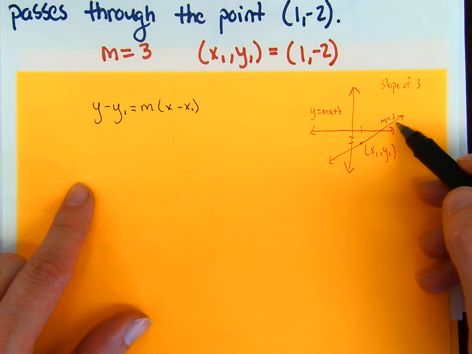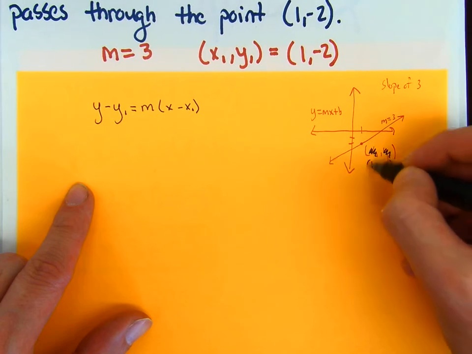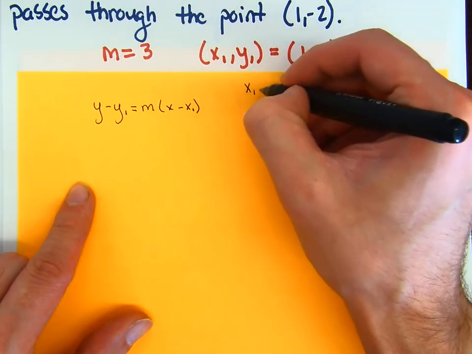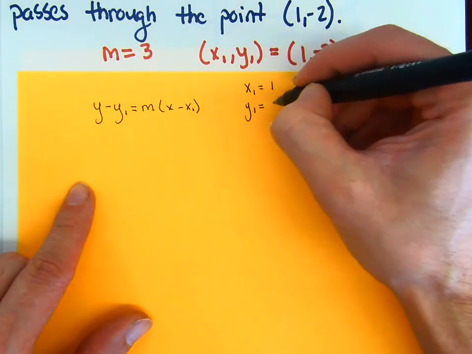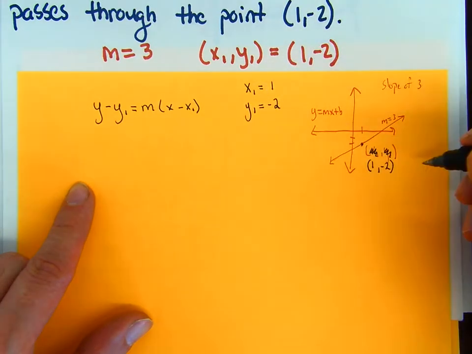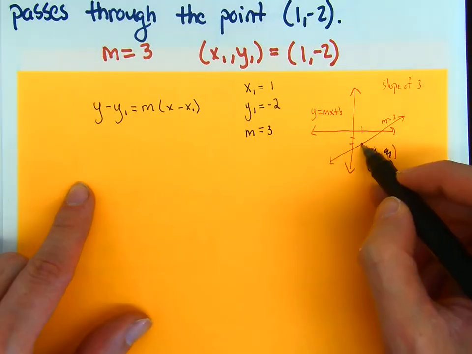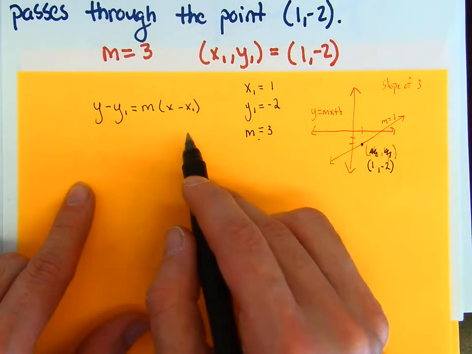A point on this line is 1 comma negative 2. So I know my x sub 1 is 1, my y sub 1 is negative 2, and my m is 3. We have the point, we have the slope. Now let's create the equation of the line.